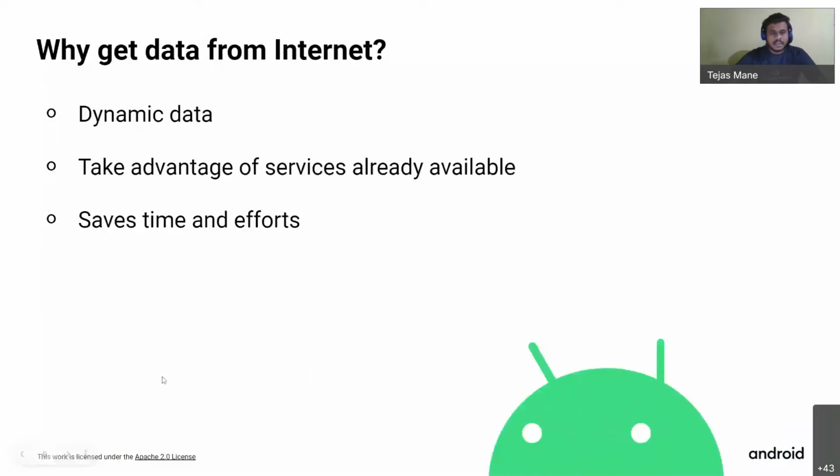First, a little bit about why should we do this? Like, why should we get data from internet? So, for example, take a weather app. You all have weather app in your devices. So, first, there are two types of app. Like one which is static, like a calculator app, and second which have a dynamic data or which pulls a data from a server.